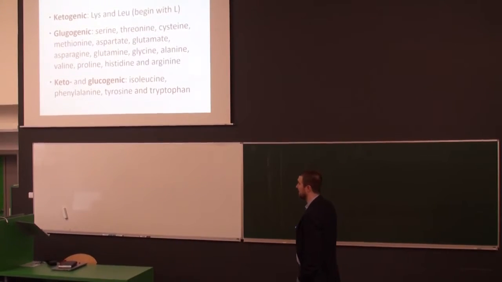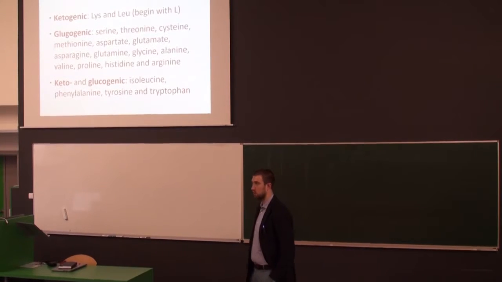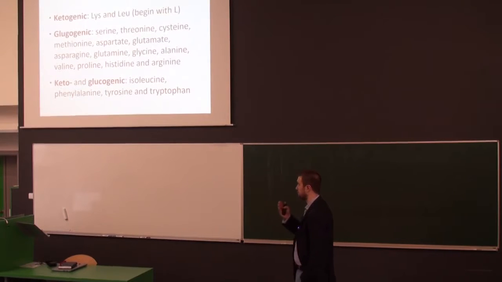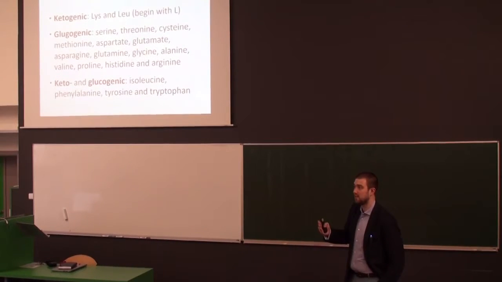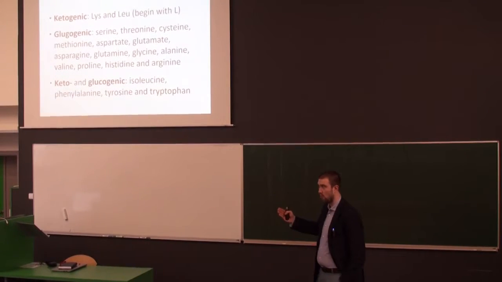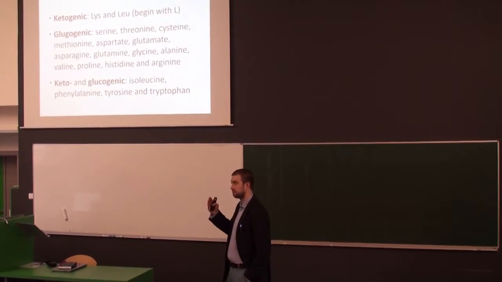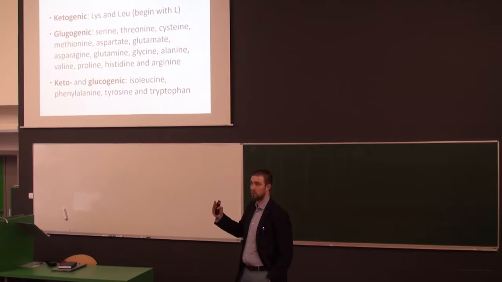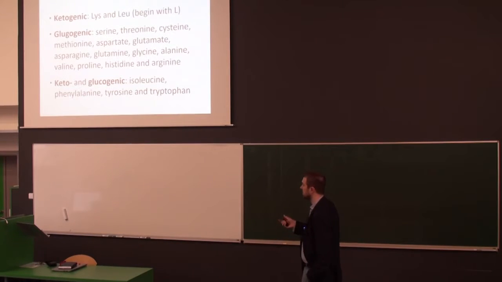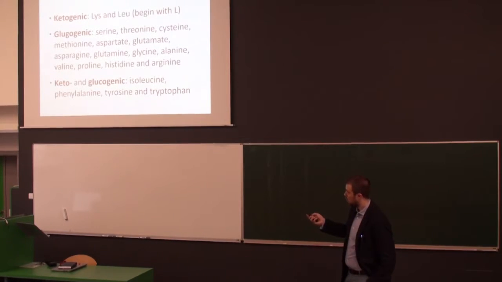Of course, in the test you can have variation. So we can ask you not only on the distribution, that means whether the amino acid is glucogenic or ketogenic, but we can ask you whether from this amino acid we can form glucose. So that means that from all these amino acids you can form glucose.